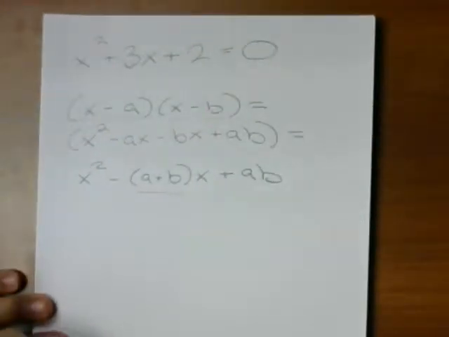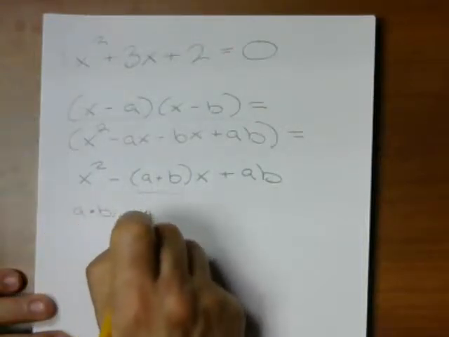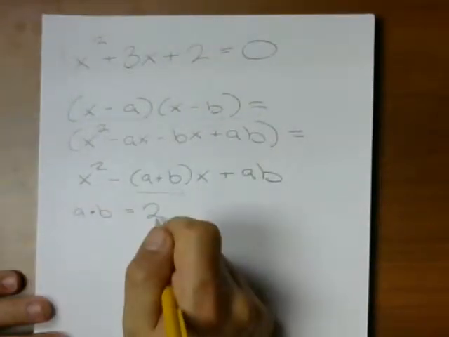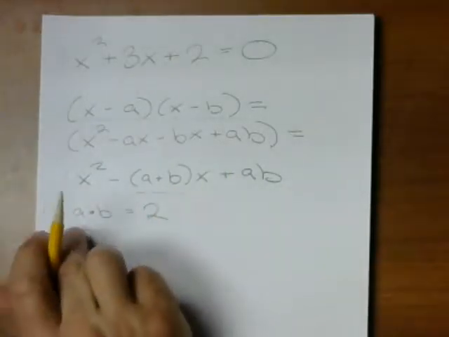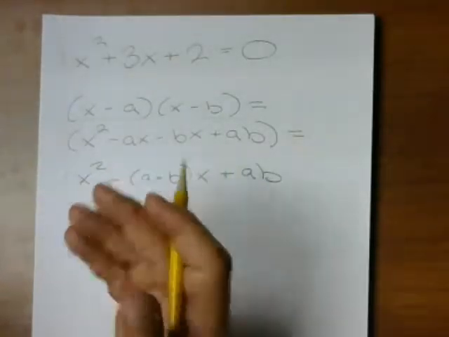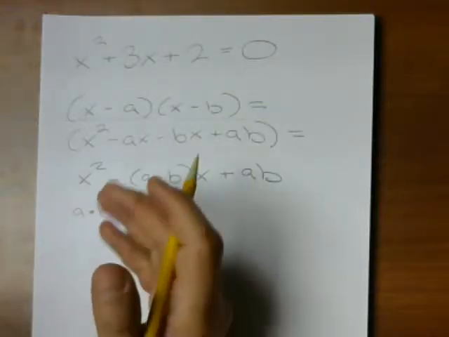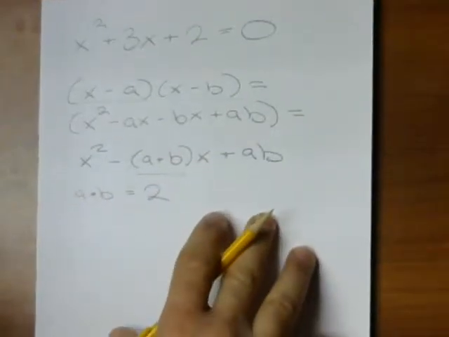Okay, so what does that mean? Well, if a times b is 2, well, this is not 0. So there technically are infinitely many solutions. If a is any number that's not 0, b could be any number that's 1 over that number times 2, and that would give me an appropriate solution.